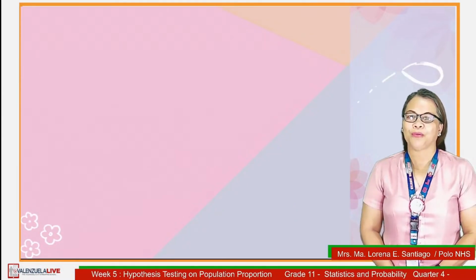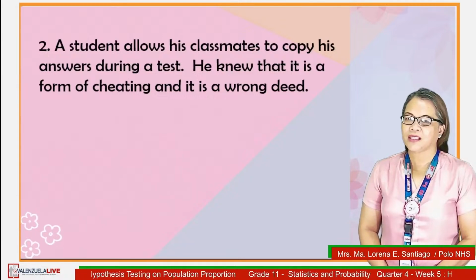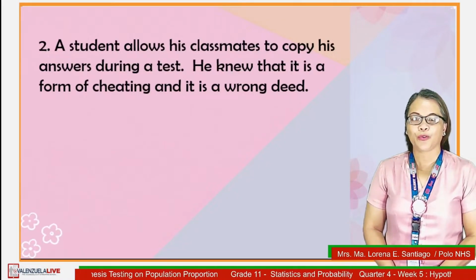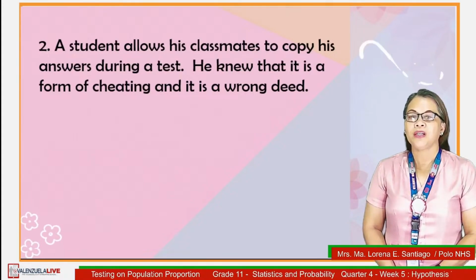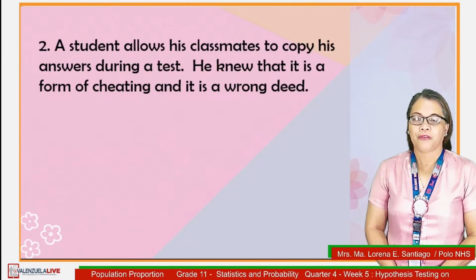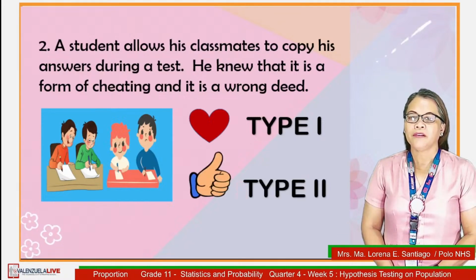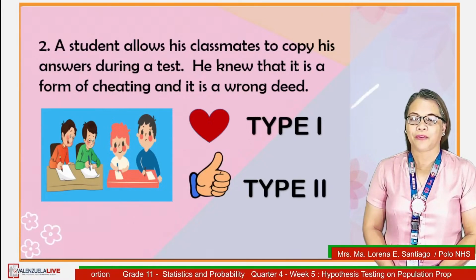Let's have number 2. A student allows his classmates to copy his answers during a test. He knew that it is a form of cheating, and it is a wrong deed. React hard if it's a type 1 error, or react like if it's a type 2 error.